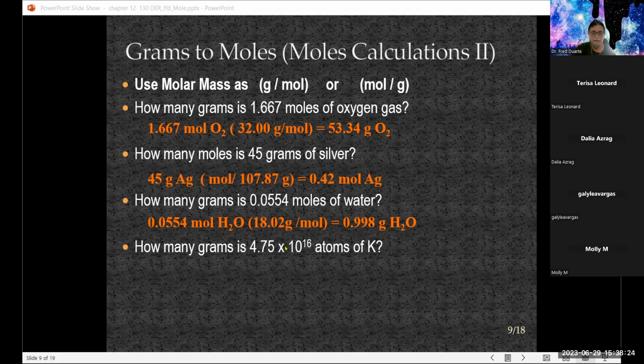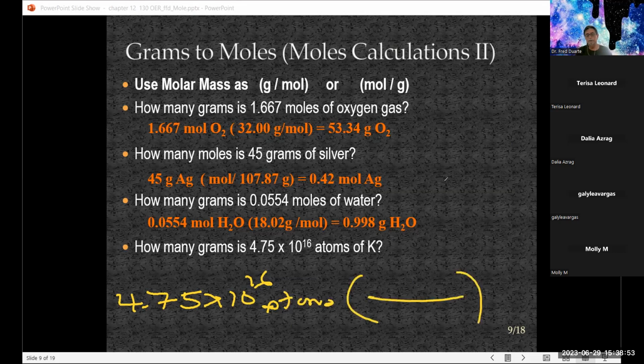All right, so we write down, like we would do in any problem, what we're given. We start off with 4.75 times 10 to the 16 atoms. We know that we need to use Avogadro's number, 6.02 times 10 to the 23rd, in this case atoms per mole.